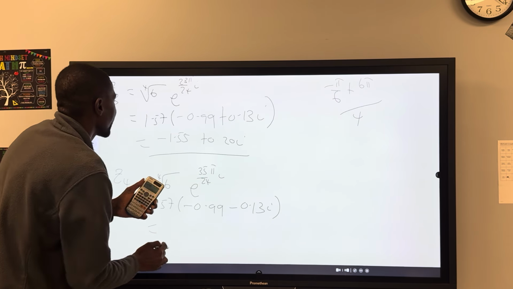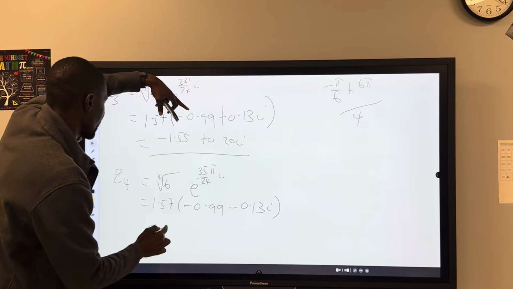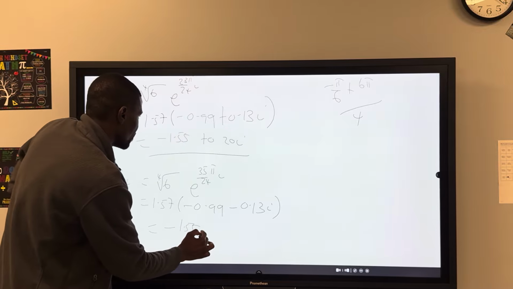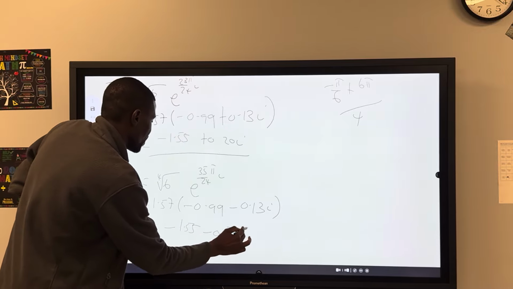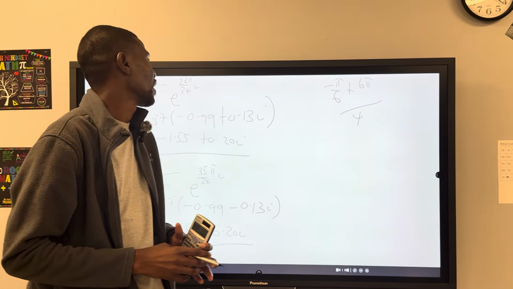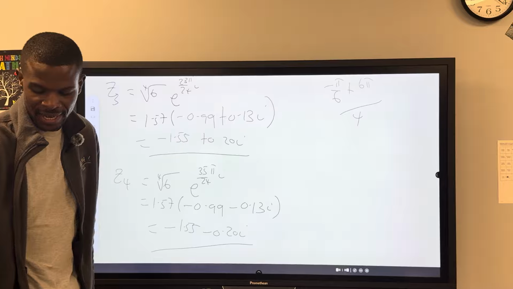So if you multiply again, for the 0.99 we get negative 1.55, here minus 0.20i. So guys, we are done. We've extracted the 4 roots for this particular question.